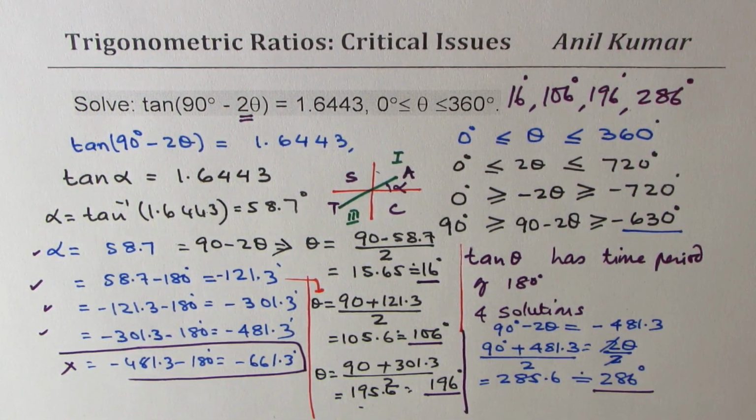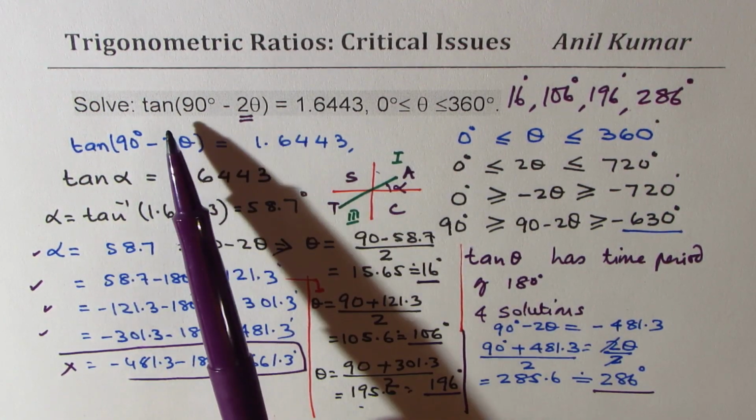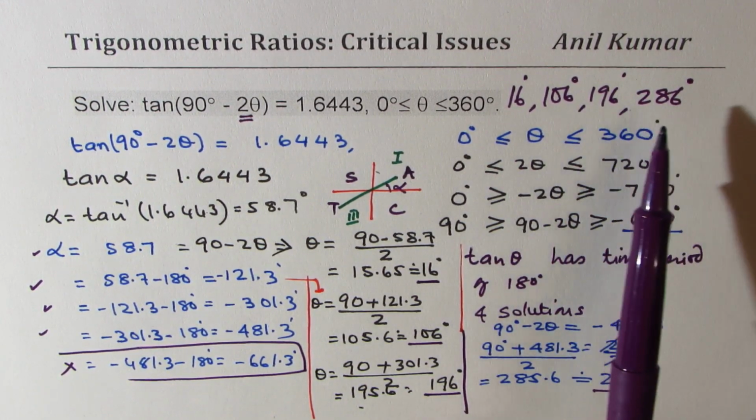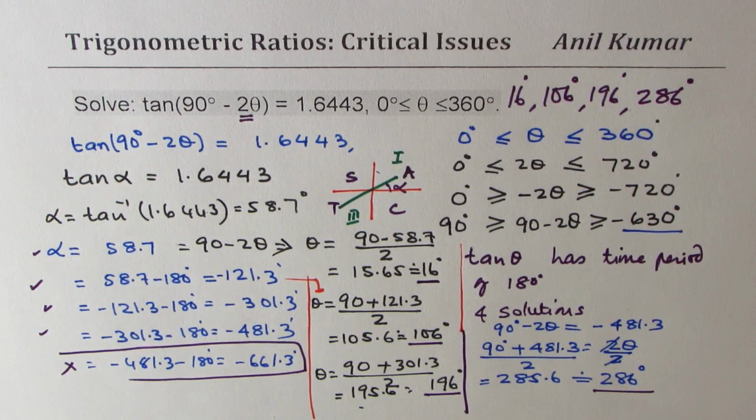So that is how we are going to solve it. Now for tan 2 theta, the period is going to be 90 degrees, right? So if you add 90 degrees to each, you get your solution, right? So that's another way of doing it. Anyway, you have seen in detail how we solve such trigonometric equations by adjusting the domain of the function.